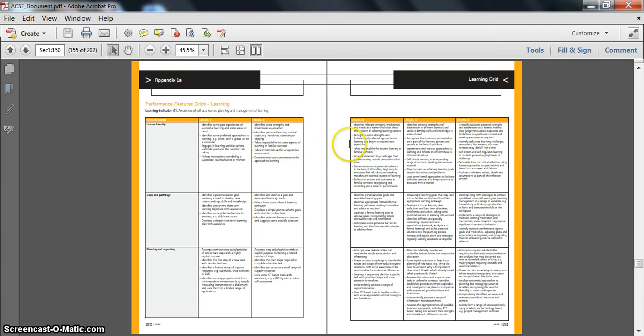And hopefully what you'll see as you read across each of these focus areas, the increasing complexity in those particular concepts. And you'll start to identify key words in those different levels, in those different focus areas that will help you again pinpoint what level your learner is at or what level the unit of competency or the industry is expecting them to be at in that particular core skill.